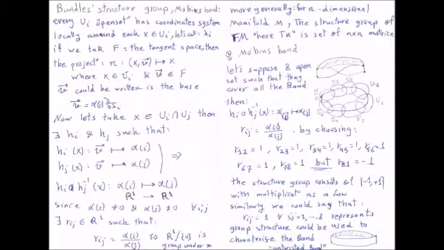Since it is a member of the tangent space, it can be written as a sum of alpha I d over d lambda I. Here we use the Einstein convention, which means there is a sum. So we have the coefficient, and d over d lambda I is the basis of the tangent space, as we saw previously.